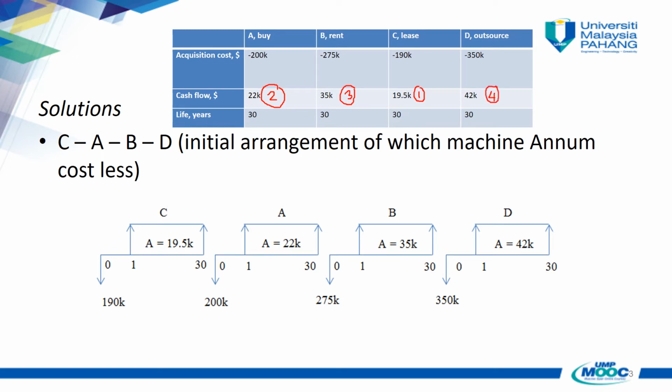Straightforward, because of the lease per annum: C will be number one, A number two, B number three, and D number four.